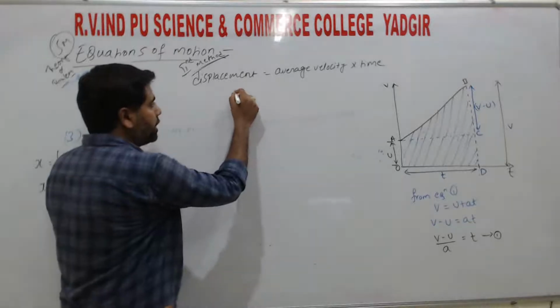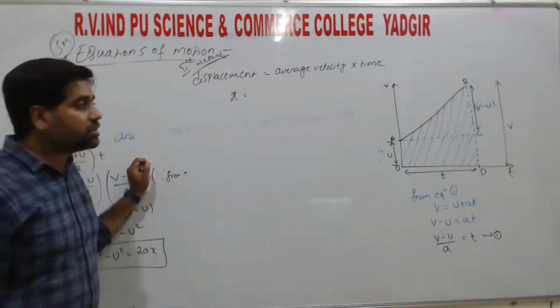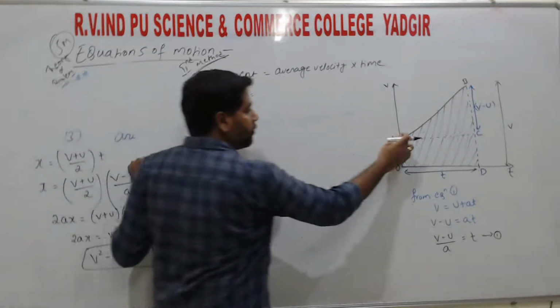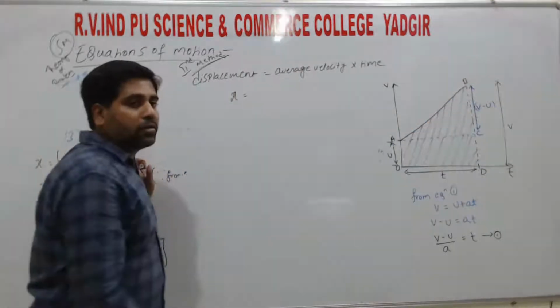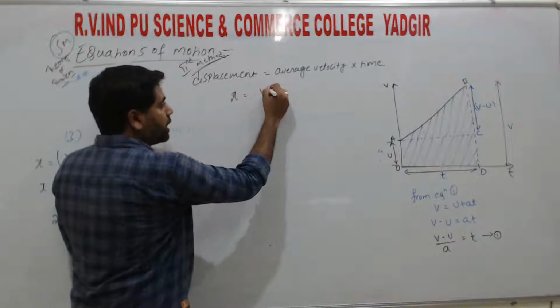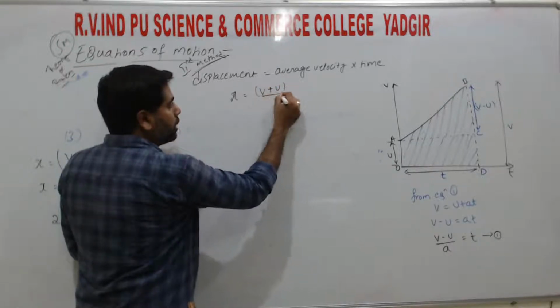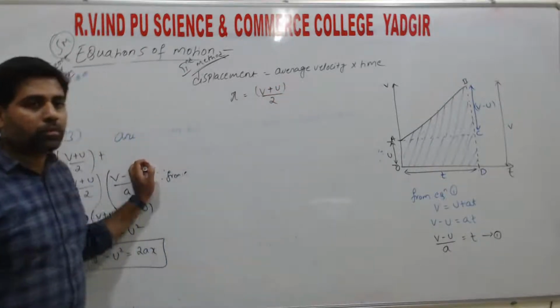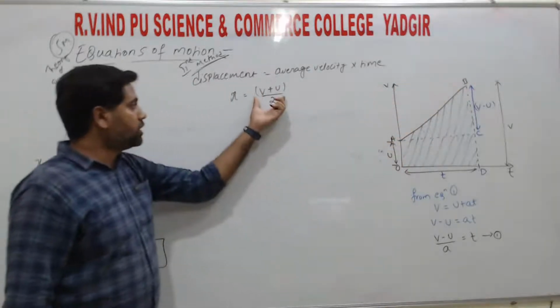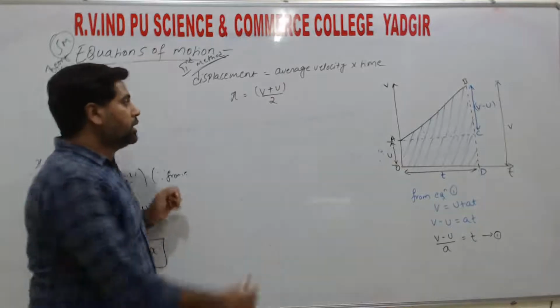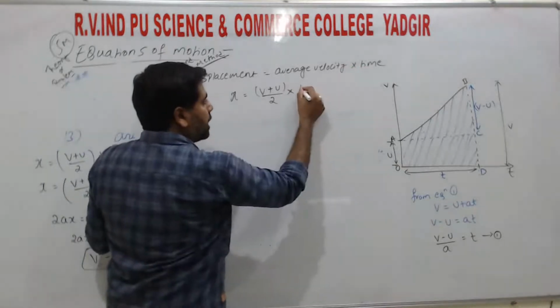So here again displacement we take as x. Average velocity from this graph: here we have u and here we have v. So for the average we can take (v plus u) divided by 2, because we have two velocities u and v. Then displacement becomes (v plus u) by 2 into time t.